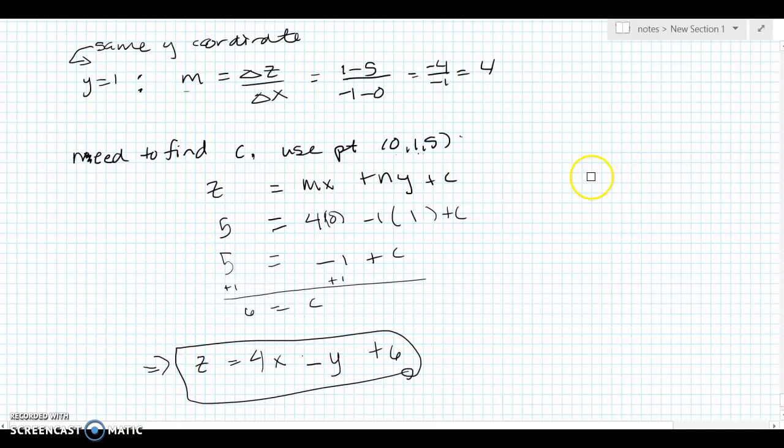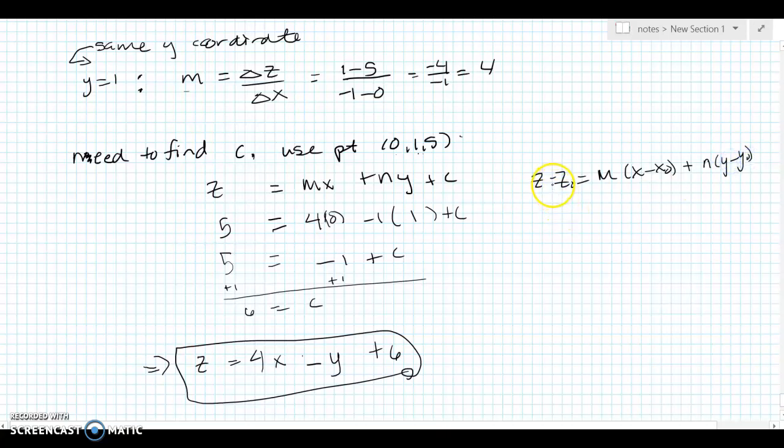You can use it, it's fine. So remember the other equation, z minus z naught equals m(x minus x naught) plus n(y minus y naught).